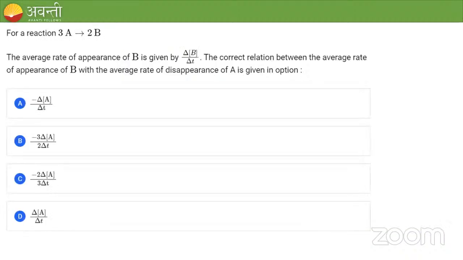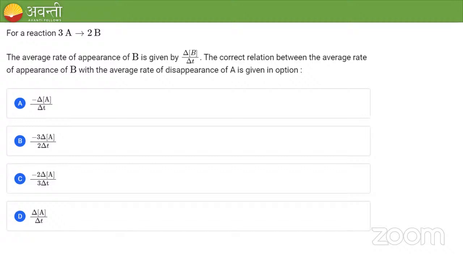So here is the first question. For a reaction 3A giving 2B, the average rate of disappearance of B is given by del B by del T. The correct relation between the average rate of disappearance of B with the average rate of disappearance of A is given in which option?